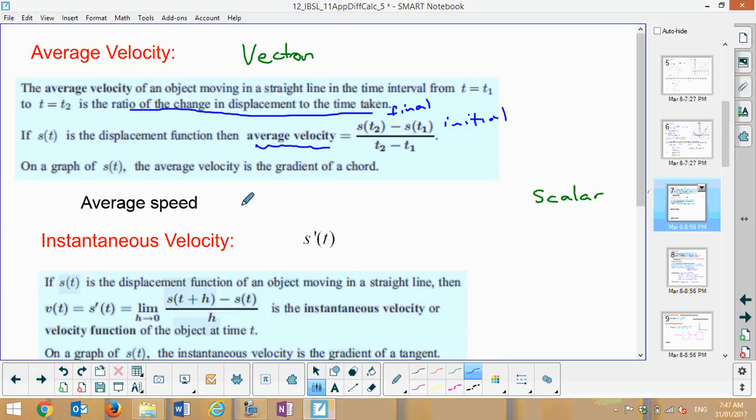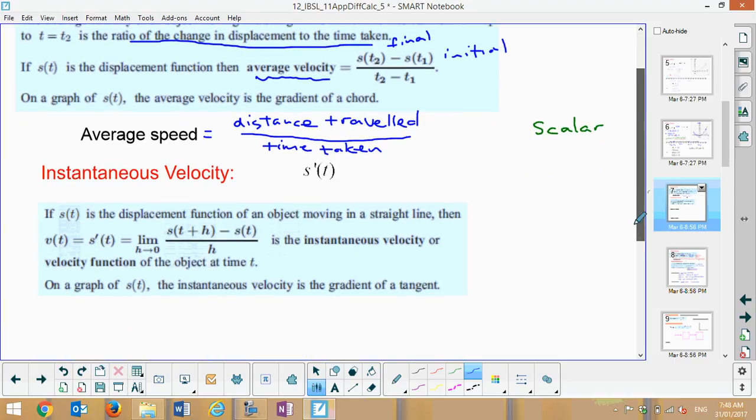So our speed is going to be our distance travelled, or just overall how far we've travelled, over the time taken. So that will only ever be positive, whereas with the velocity vector, the average velocity is going to be positive or negative depending on which way we're going.